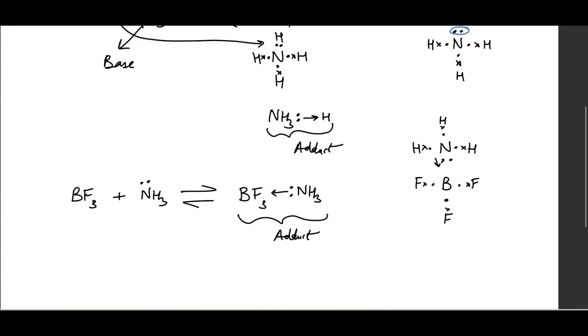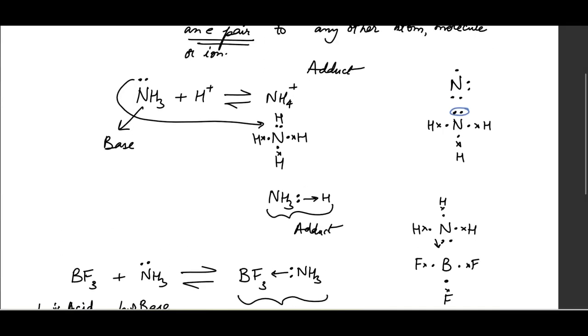In this case, because boron trifluoride is accepting the electrons, it becomes an acid. Ammonia is donating electrons, so it becomes a base. This is called Lewis acid, and this is called Lewis base. Similarly, in the case of ammonia converting to ammonium ion, ammonia is Lewis base, H plus is Lewis acid.